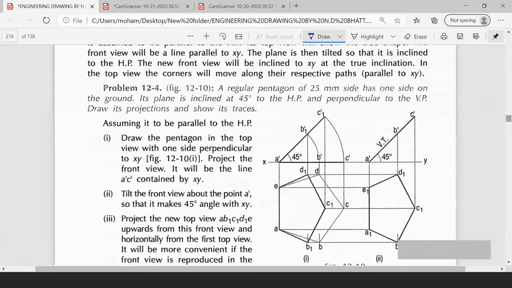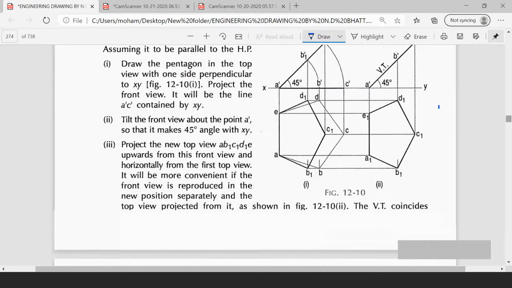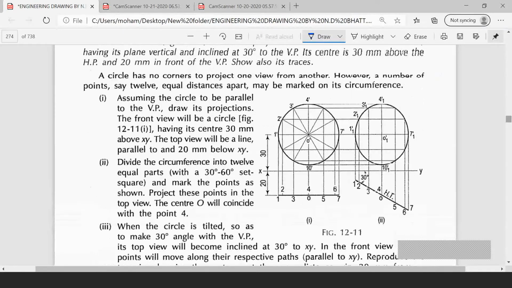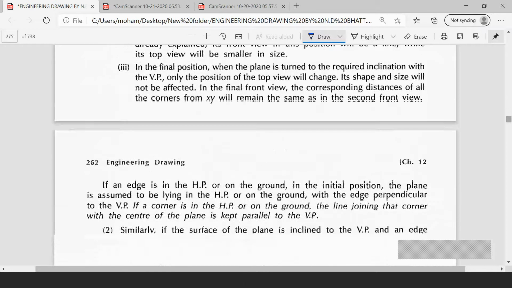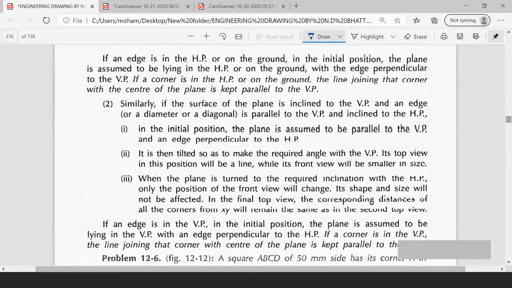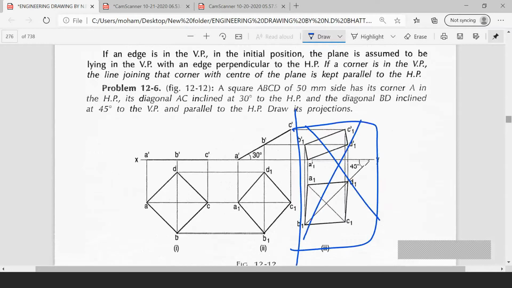One is a regular pentagon of 25 mm side, where you have drawn a single inclination. Another one is the circle. These are the single inclination problems. In double inclination, first you draw the first inclination, then you proceed to the second inclination. So you can learn both problems here, the double inclination itself.